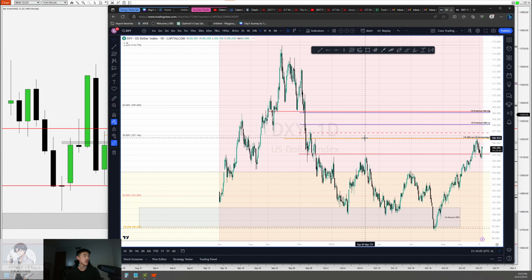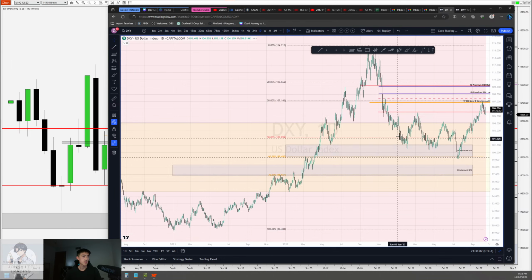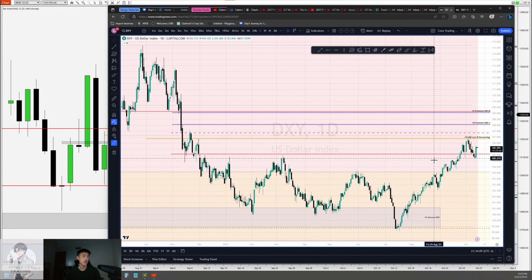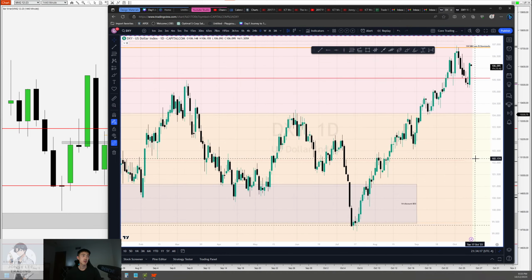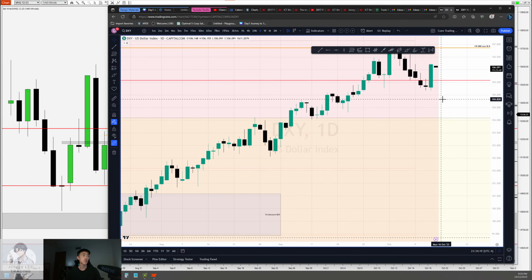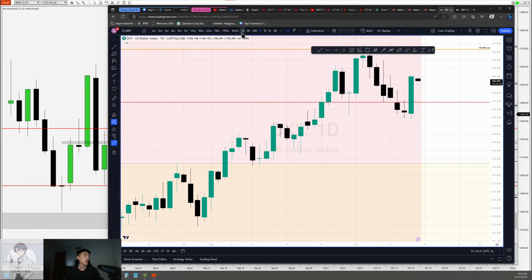If we take a look at the dollar index, remember this is supposedly trading opposite to how the indices trade. There was quite a strange day today. Let me go down to an hourly.